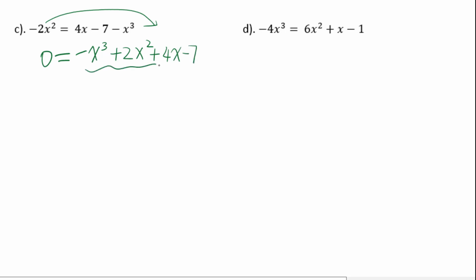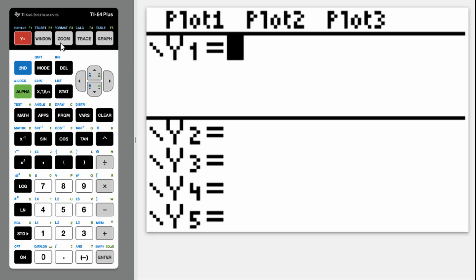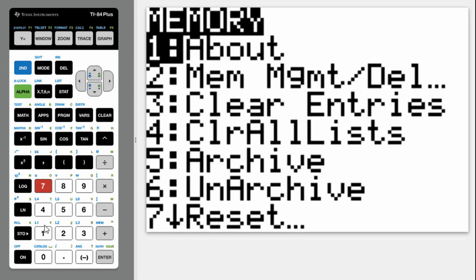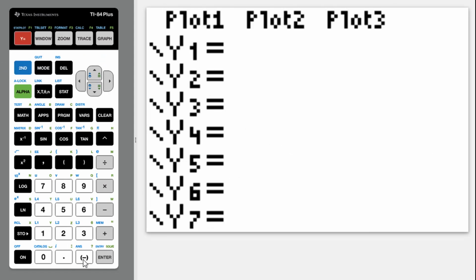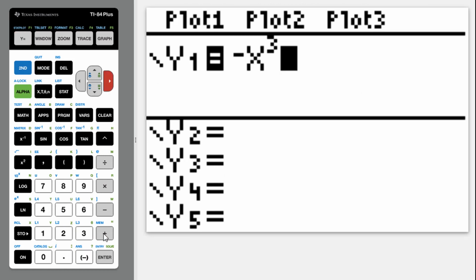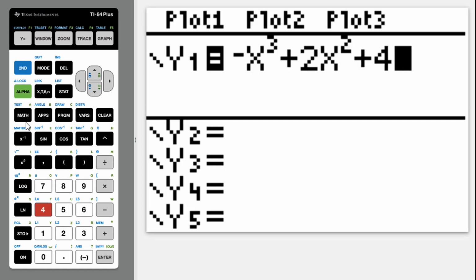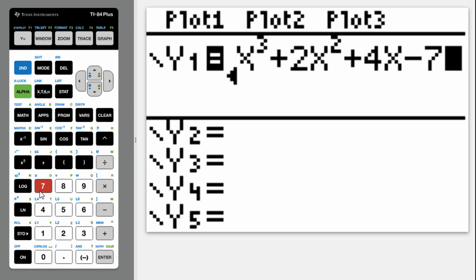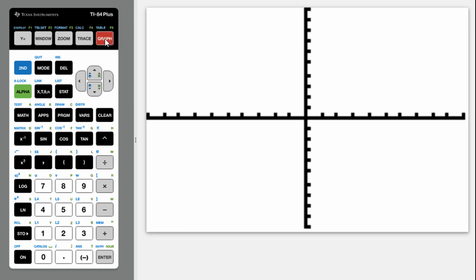Then we put this into the graphing calculator. Y1. Clear the memory, second plus 712. Go to y1. Negative x to the third power plus 2x squared plus 4x minus 7. Then we go to graph.